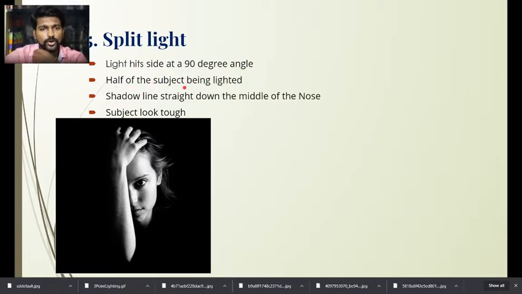Second point, half of the subject being lightened. Shadow line straight down the middle of the nose. That's the third point. And subject looks rugged. So most of the posters you see, movie posters, sometimes they use this type of lighting. This gives a rugged look.